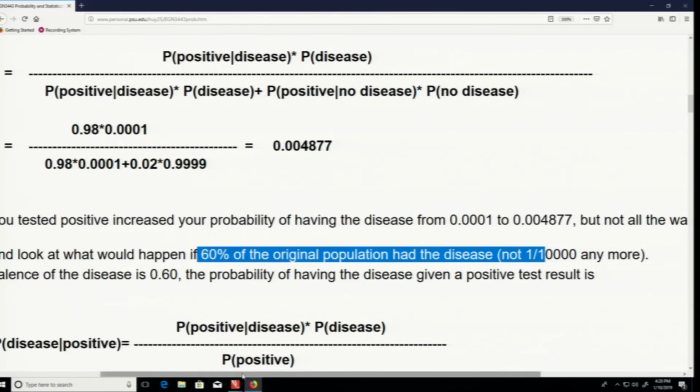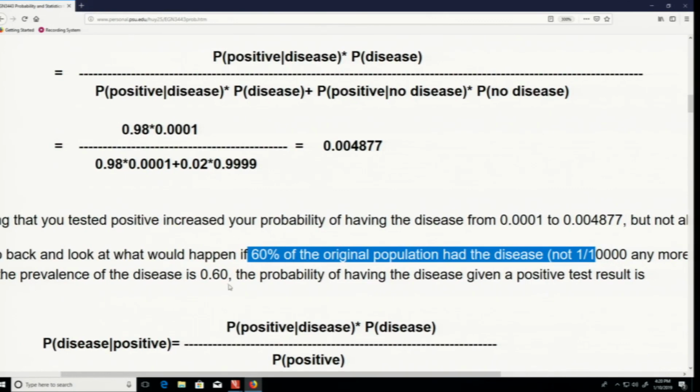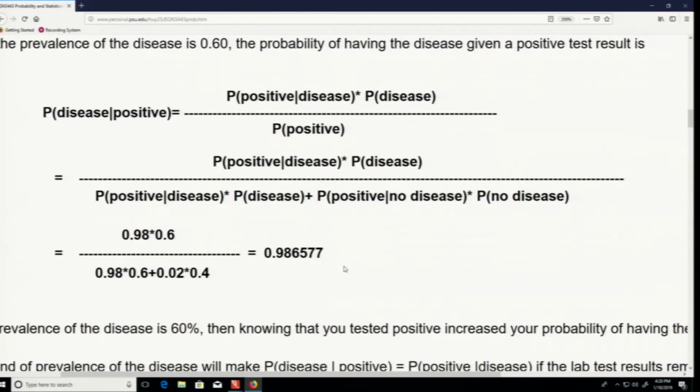Now the prevalence of the disease is 60%. Now let's see what the result is again. The only change here is 0.6 and 0.4. So now, if positive, then the disease rate is actually 98.65%. Do you see the difference?